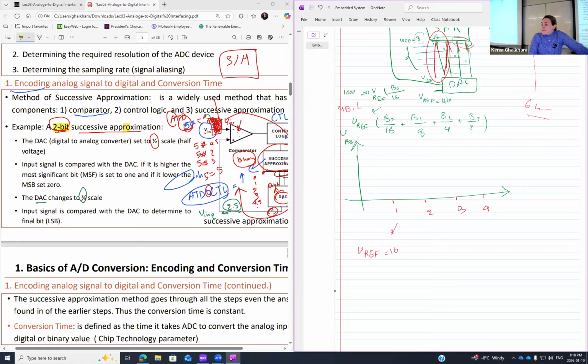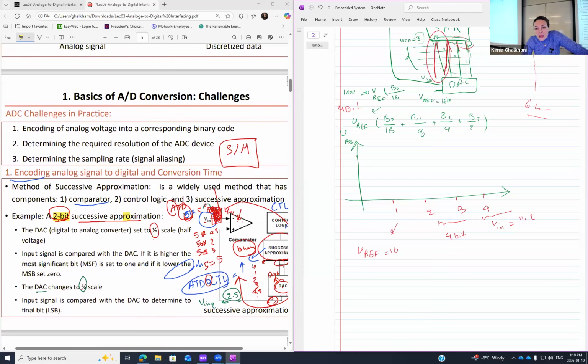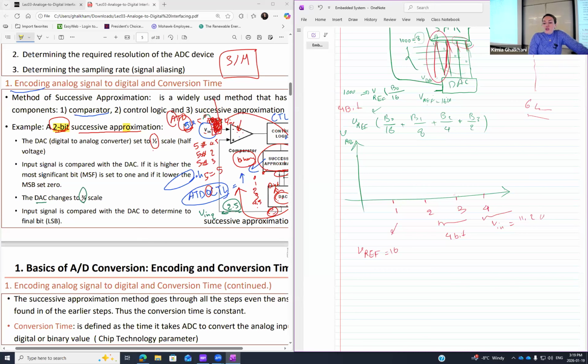And for the second one and for the third one, still I'm at 4 bits, right in here, between those two. Still I have 4 bits. But what is the input? The input was supposed to finally show up in here, it was 11 point, what did I say? 2. This is going to be my input.